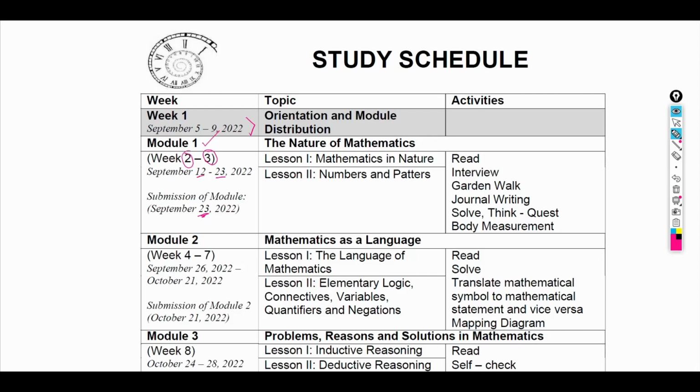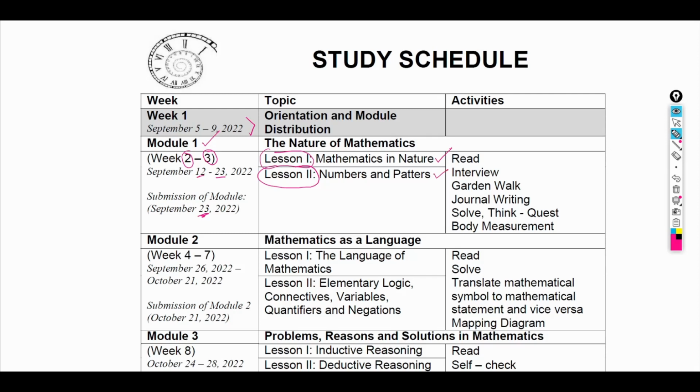For 2 weeks, we will be dealing with lesson 1 and 2. For the first week, we will deal with lesson 1. For the second week, we will deal with lesson 2. Okay, lesson 1, mathematics in nature, will be discussed today, and lesson 2 will be next week.